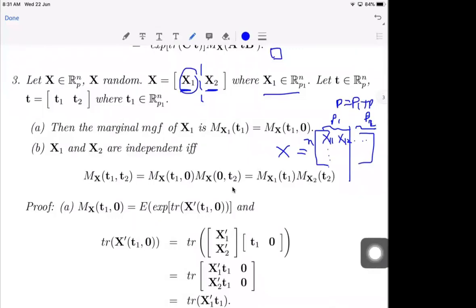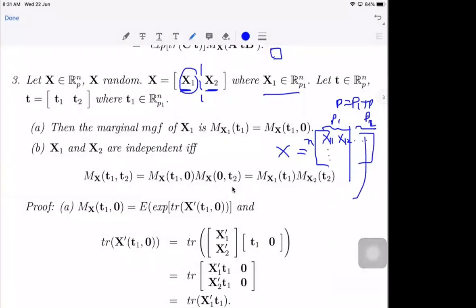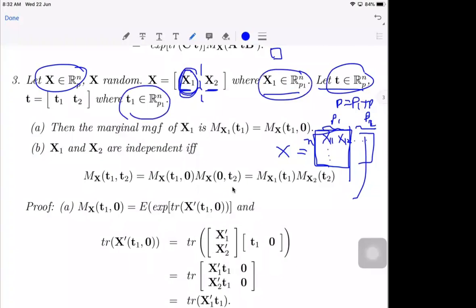Okay, so what we are doing here is we get the marginal distribution when we partition it column wise. T will have the dimension of your x. They have the same dimension, so that when we partition it, T1 will have the same dimension as x1.